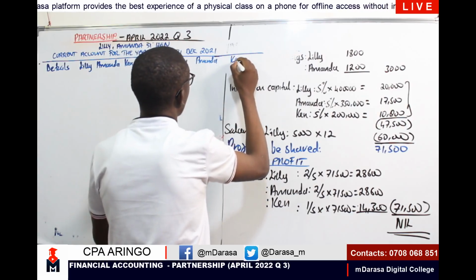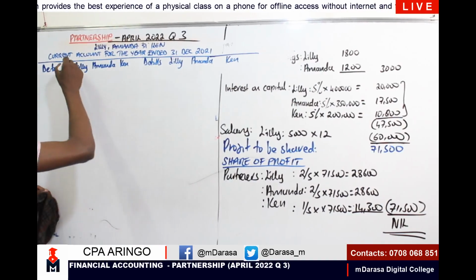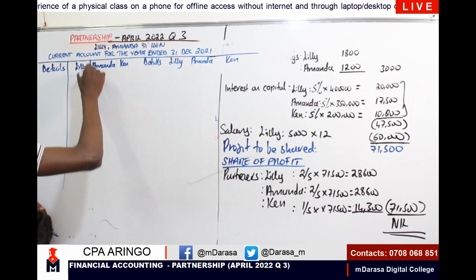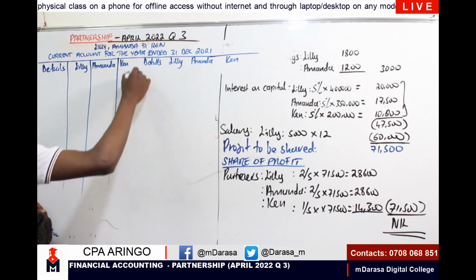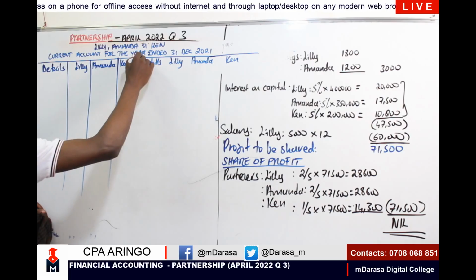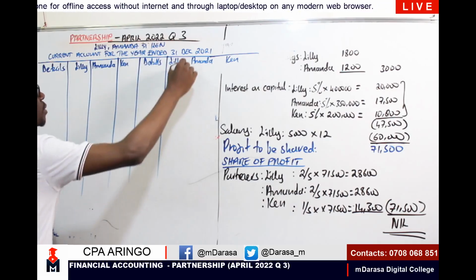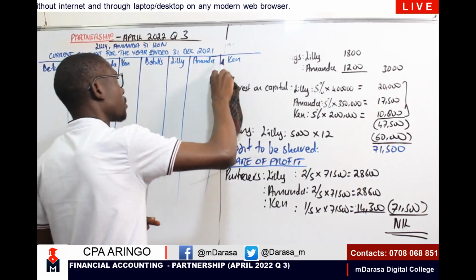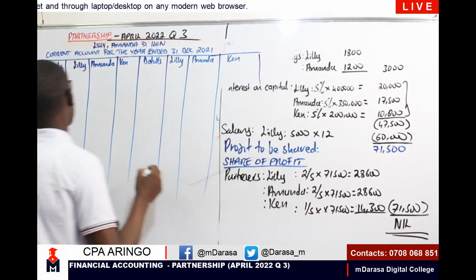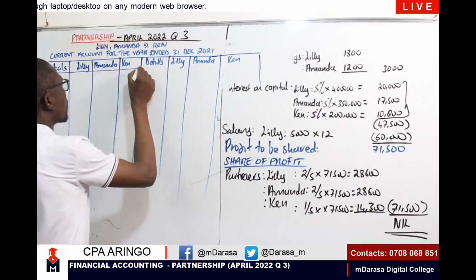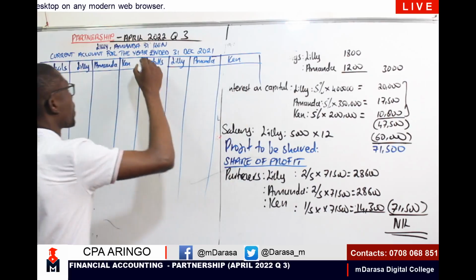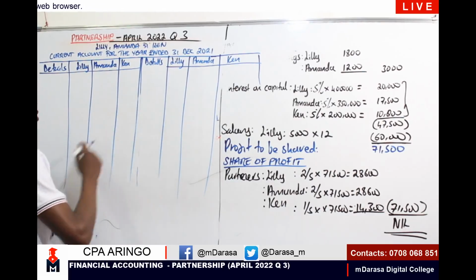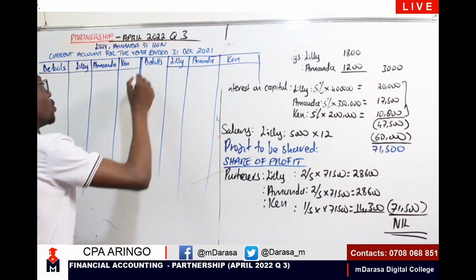And Ken. So having our data there. So that is what we have being our current account.